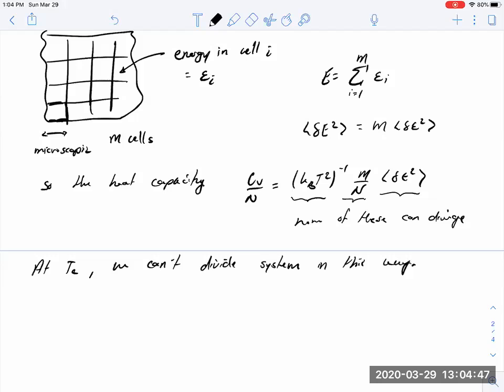More specifically, the reason why we can't divide the system up in this way is we can't separate out little regions which are uncorrelated from one another. So at Tc, fluctuations are correlated. They must be correlated over macroscopic scales.